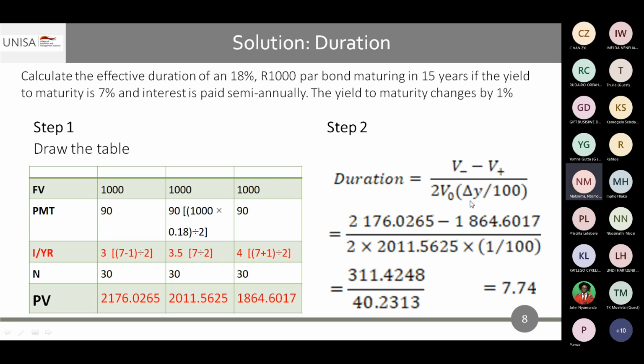But you need to make sure that your numbers here are correct. So, just the mathematics of it all, and then also keep your decimals on 4 places to get a more accurate answer.